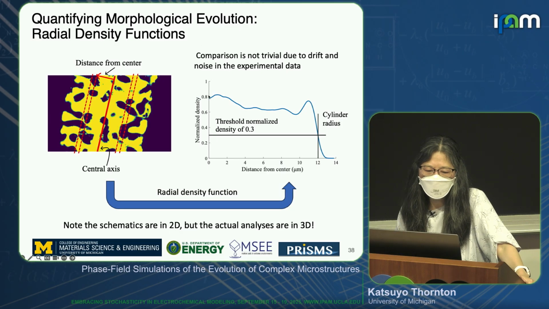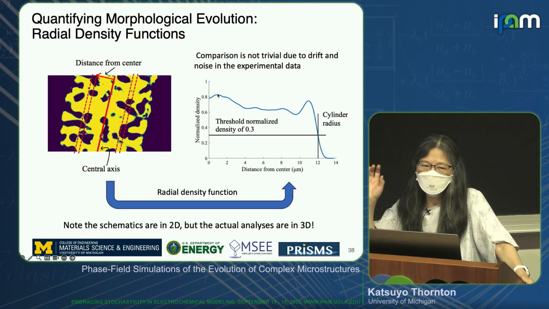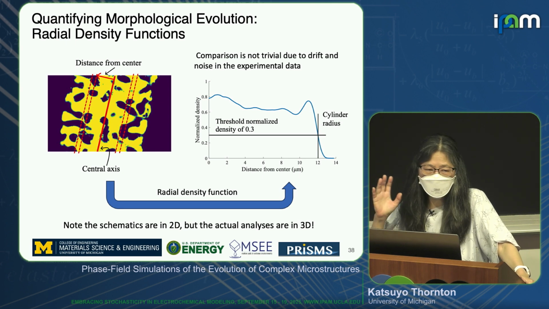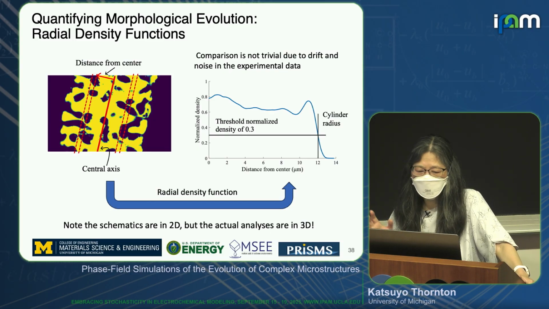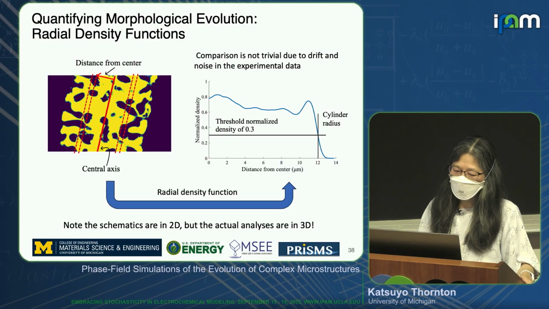So we had to do something, and we looked at multiple kinds of quantities. Things like porosity were just too close to even distinguish different mechanisms. And so we decided to look at the radial density function. So just looking at how much solid there is from the center of the wire.